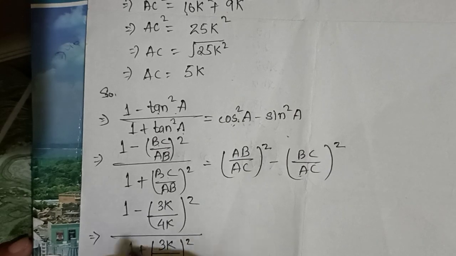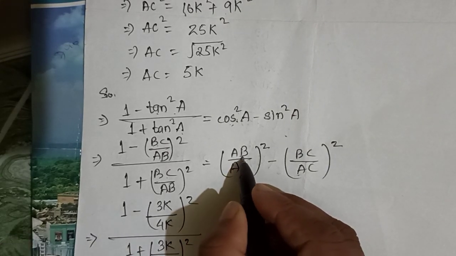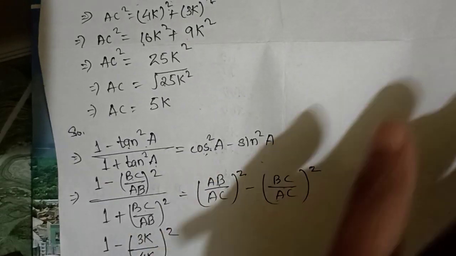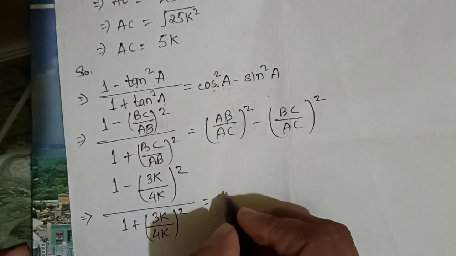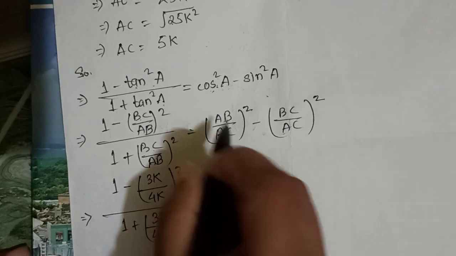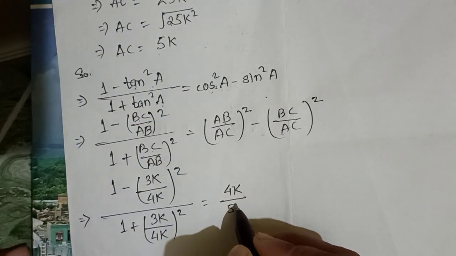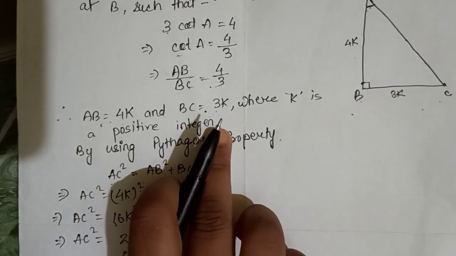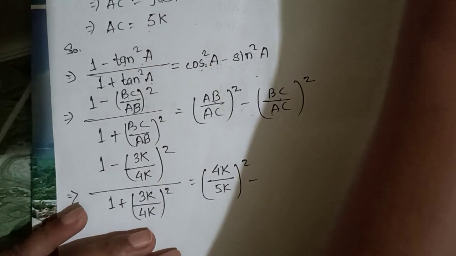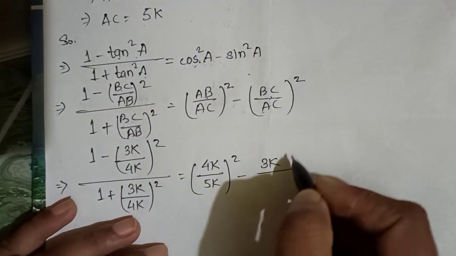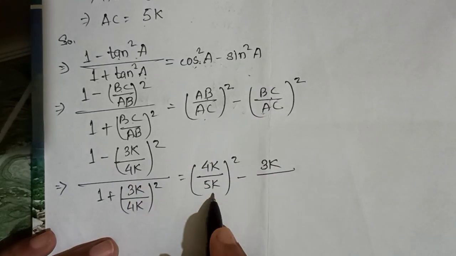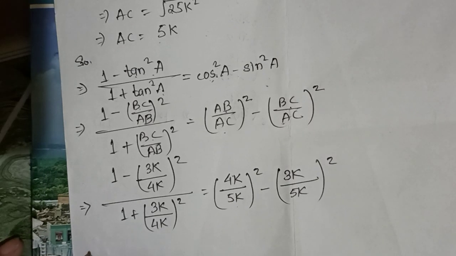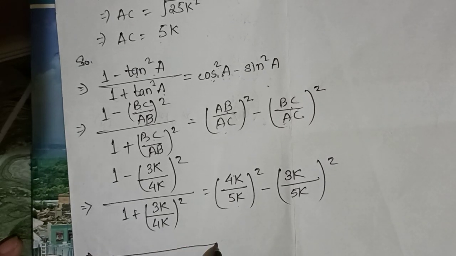This implies that equals, again AB, the value of AB we have here 4K. So in place of AB we will put 4K by AC, we got here 5K whole square, minus BC, it is 3K, AC it is 5K whole square. So this implies that this is our main line.